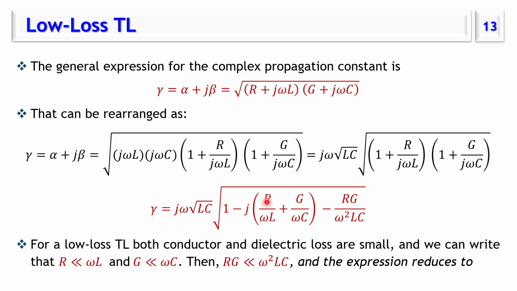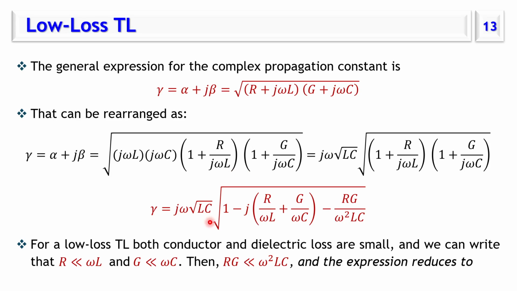We know that R is small compared to omega L, and G is small compared to omega C. So RG is very small compared to omega square LC, and we can neglect this part.